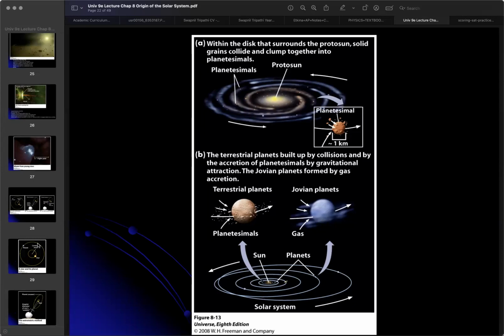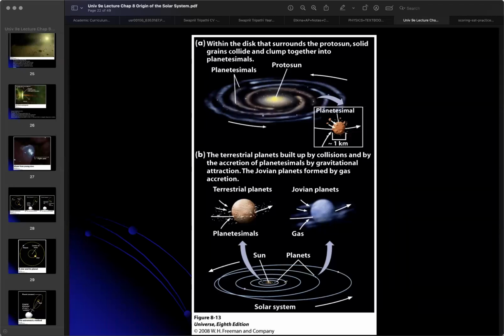We keep testing our theory of the origin of the solar system by observing exoplanets, planets that go around other stars. By observing their formation and their properties, we learn about how our planets formed.